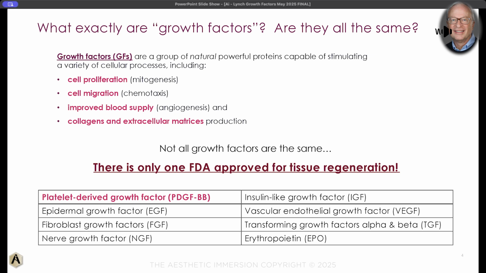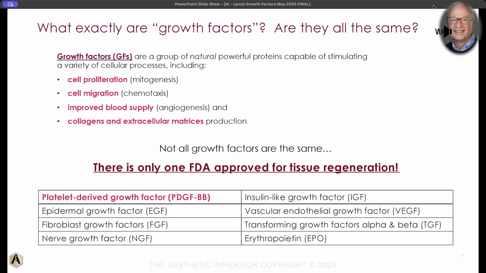So what are growth factors? They're proteins, right? They're directly stimulatory for the cells. And so what do they stimulate? Well, different growth factors stimulate different things. So growth factors are not one size fits all. Not every growth factor is the same. They all do different things.